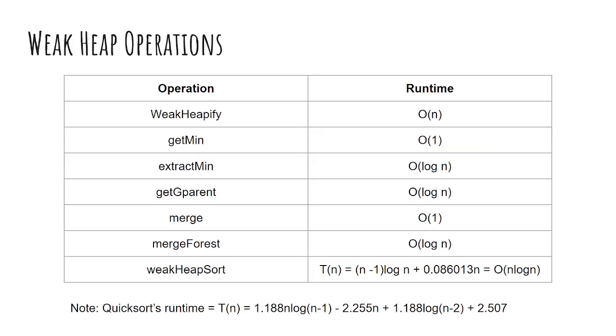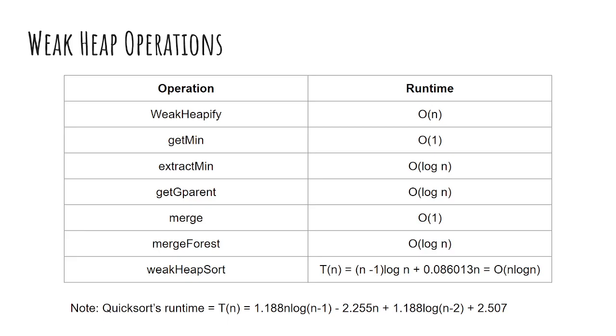Now to go over some of the operations: WeakHeapify is linear time. GetMin is order 1. ExtractMin is logarithmic. GetGrandparent is logarithmic. And the way GetGrandparent works is essentially that a node A is a grandparent of node B if you can get to node B from node A's right son, or by going left from node A's right son.